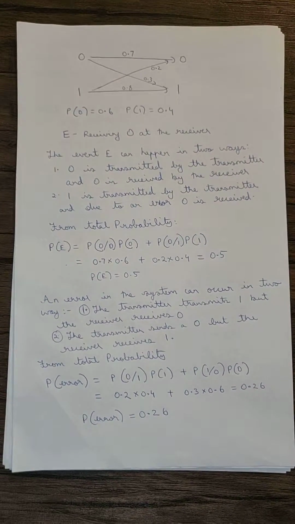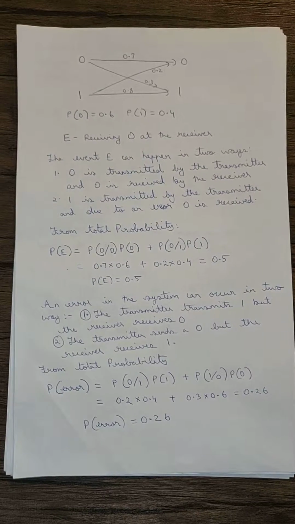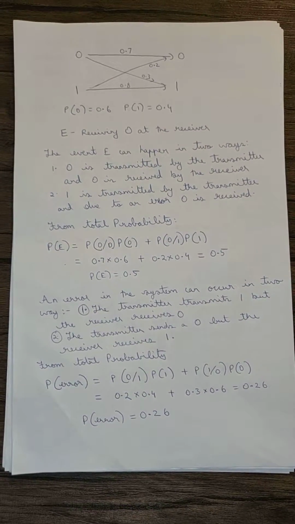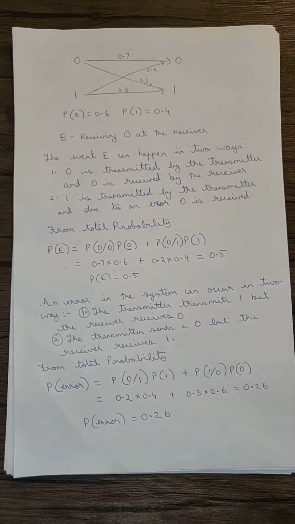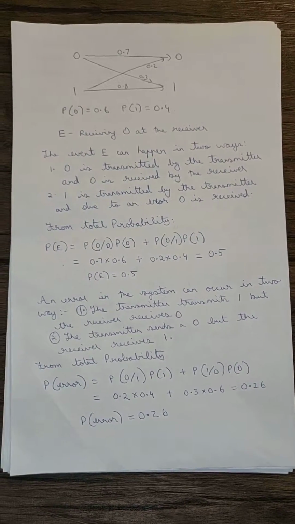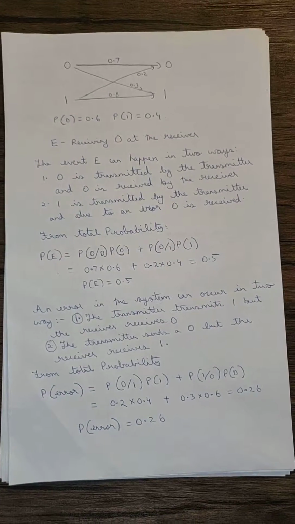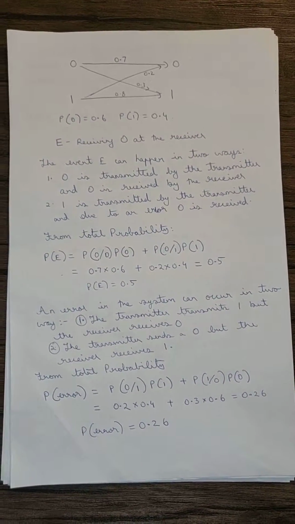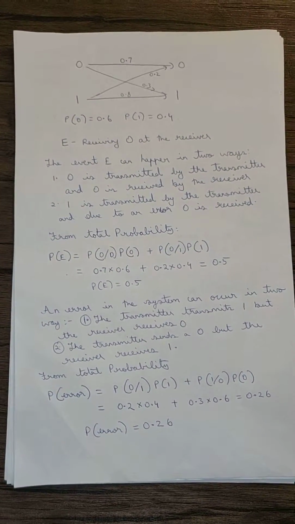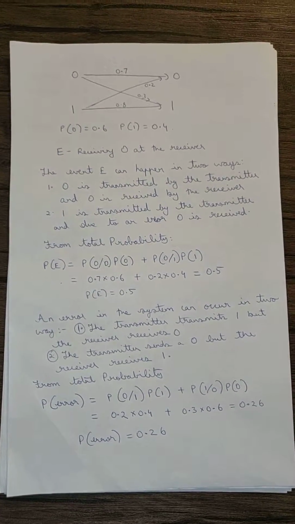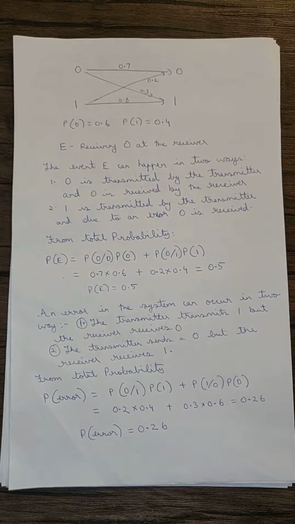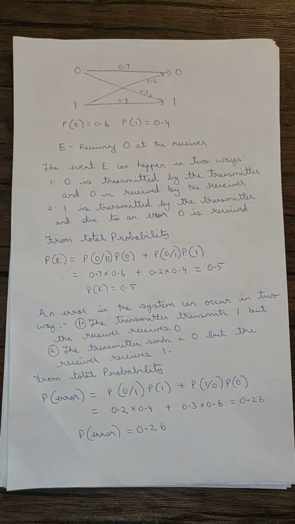So similarly, like the above case, using the total probability theorem, the probability of error is the probability of 0 being received given that 1 has been transmitted multiplied by the probability of 1 being transmitted plus the probability of 1 being received given 0 has been transmitted multiplied by the probability of 0 being transmitted.